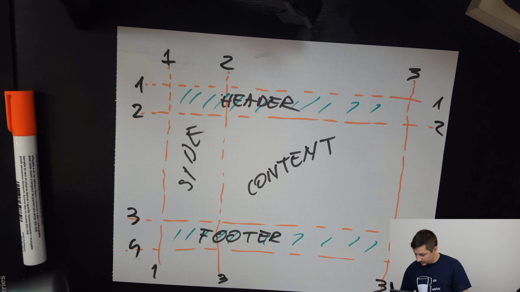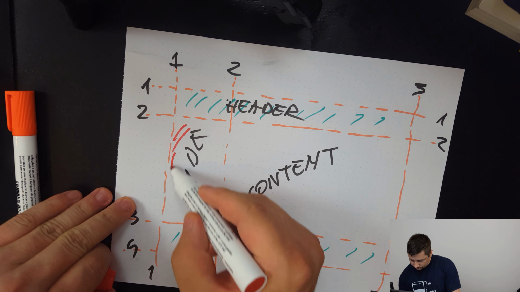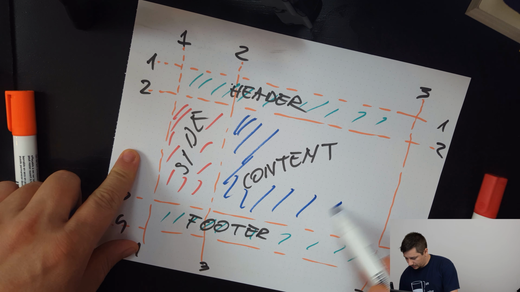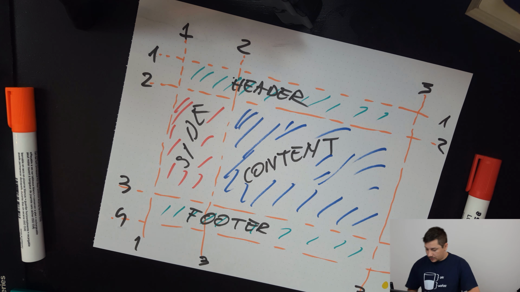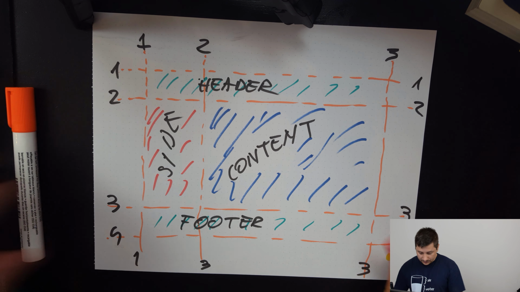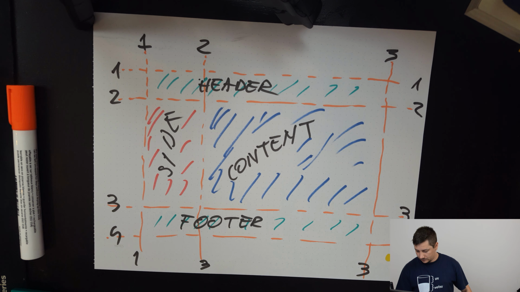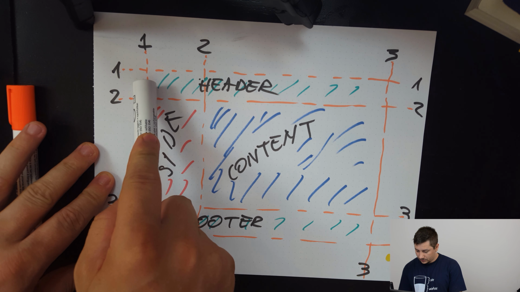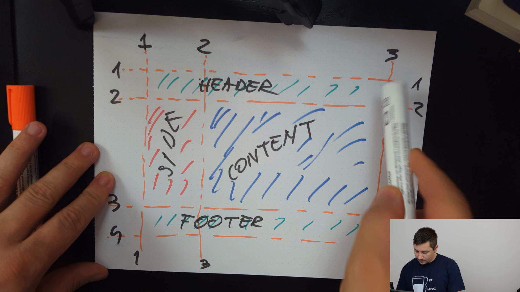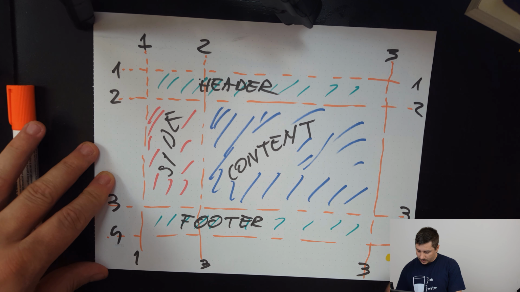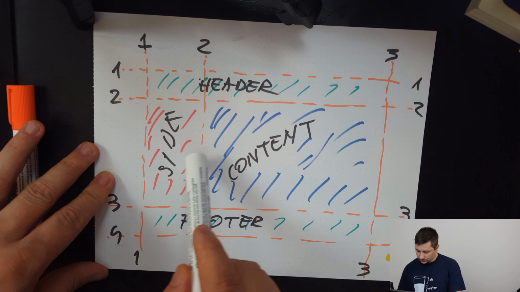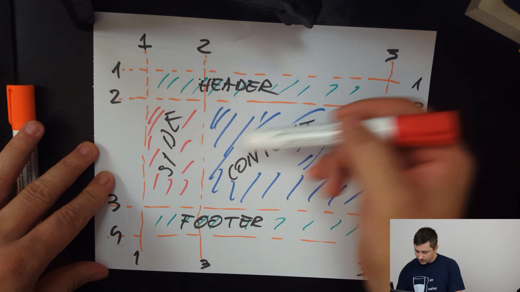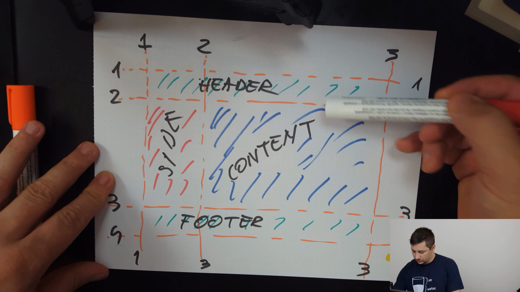Okay, so why do we need this? Because when we'll be using grid in a moment to build this layout, we'll declare some areas and we'll say that the header spans from column 1 to column 3 and from row 1 to row 2, and then the side spans from column 1 to column 2 and from row 2 to row 3, and then the content spans from column 2 to column 3 and from row 2 to row 3.